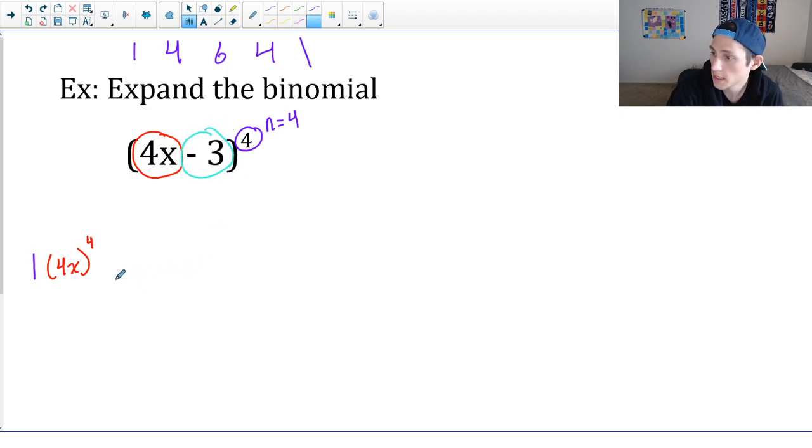Then -3 is our second term, and that starts at the lowest exponent, which is 0. Now move on to the second term, so that'll be plus 4, 4x goes down to cubed, and -3 goes up to the first power.